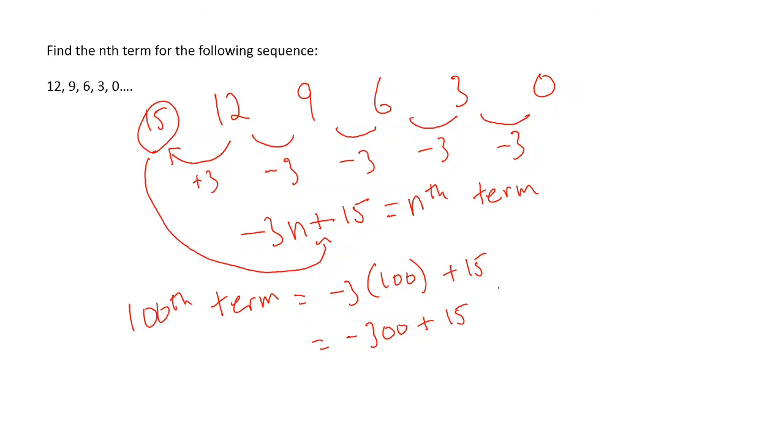Be careful here. Negative 300 plus 15 is not negative 315. It is minus 285. So the 100th term in this sequence, if you kept writing them out and you got to 100 numbers, would be negative 285.